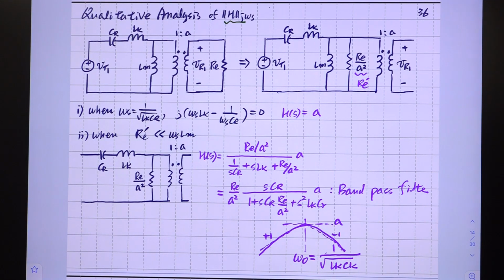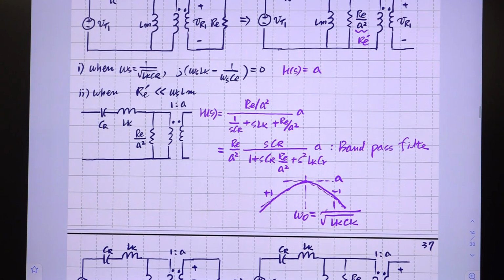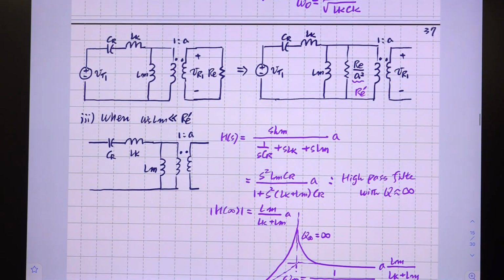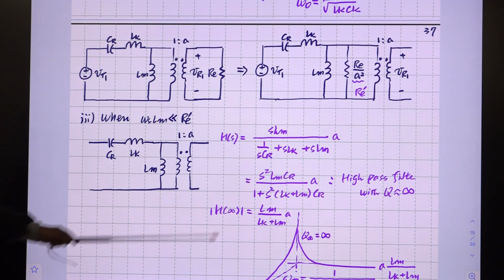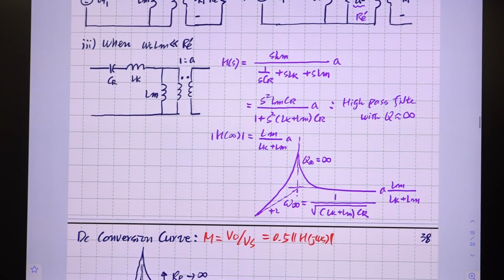The other case is to assume this RE prime is very large. So the parallel combination of this one simply becomes L1. Okay, so assume RE prime is infinity. So you have this circuit diagram and transfer function. At low frequencies, you have a double zero. So the slope is increasing by 40 dB per decade, plus 2 slope.